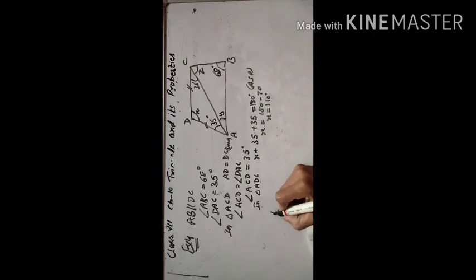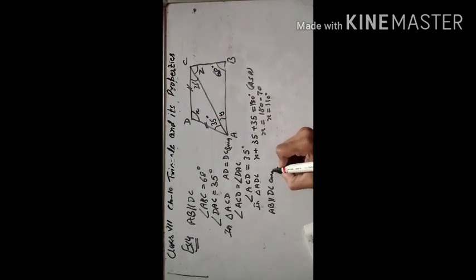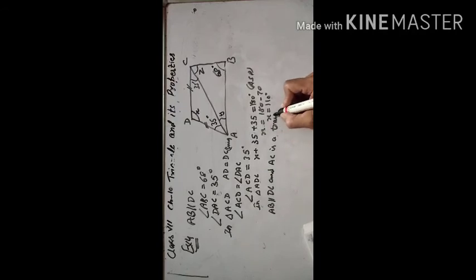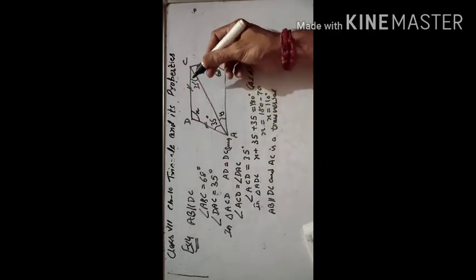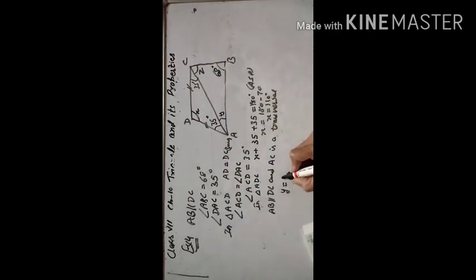Now AB is parallel to DC, and AC is a transversal. Therefore y is equal to angle ACD, alternate interior angles. Therefore y is equal to 35 degrees.